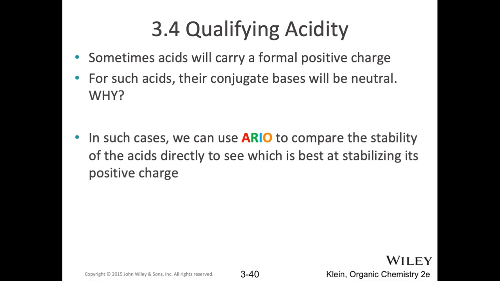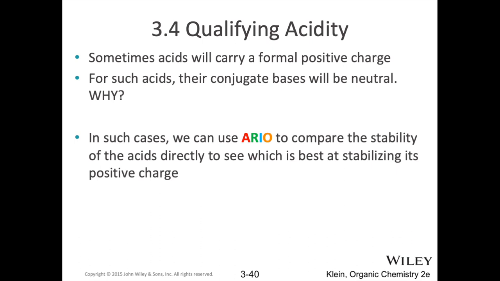Sometimes it helps to do this backwards. There are certain cases where you're not starting off with a neutral acid losing a proton to form a negative conjugate base. Instead, your acid has a positive formal charge, and when it loses its proton, you're left with a neutral conjugate base. So in this situation, you can't look at the conjugate base to determine if the formal charge is stable, because your conjugate base doesn't have a formal charge.